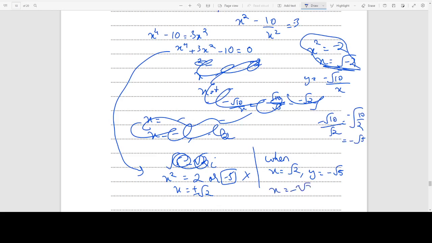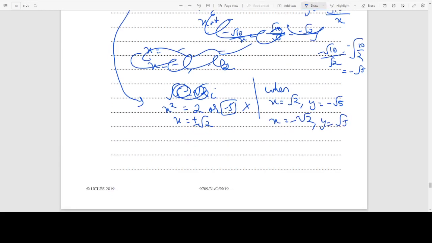When x is minus root 2, we get y is positive root 5. So basically we have plus minus root 2, in the x plus iy format, root 2 minus root 5i.